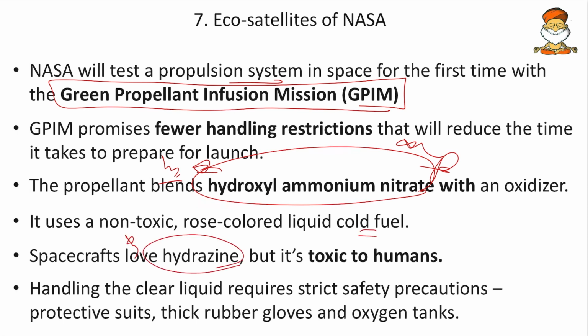Hydrazine is one of the liquid fuels, propellants, used by spacecrafts, but it's toxic to humans. Handling it with bare hands is toxic. Handling the clear liquid, that is hydrazine, requires strict safety precautions: protective suits, thick rubber gloves, oxygen tanks and others. But hydroxyl ammonium nitrate can be handled easily. So remember this chemical and remember the purpose of it.